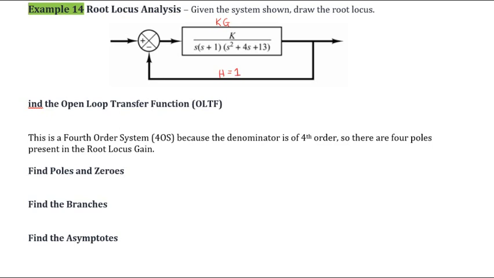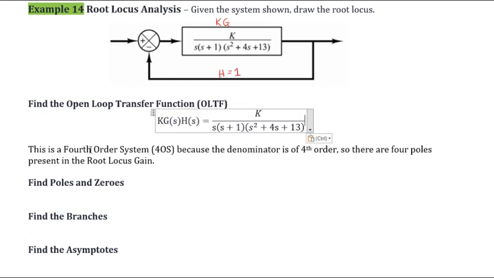The first thing that we do in this problem is find the open loop transfer function, and that's a pretty straightforward thing to do. It's simply going to be equal to K times G times H, and I'm just going to provide it to you.